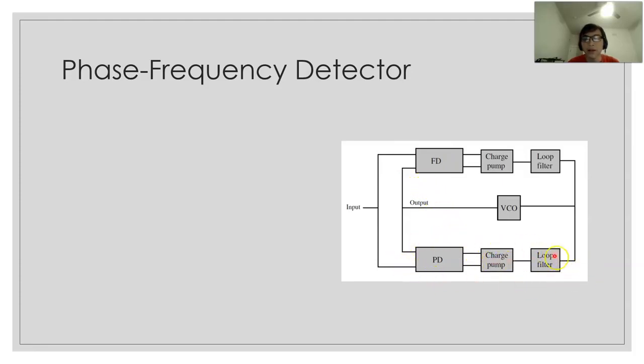Here, we can use a dual loop structure by adding a whole new loop for the frequency difference. But that introduces extra hardware that will cost a lot, and it also introduces some noise to the VCO.